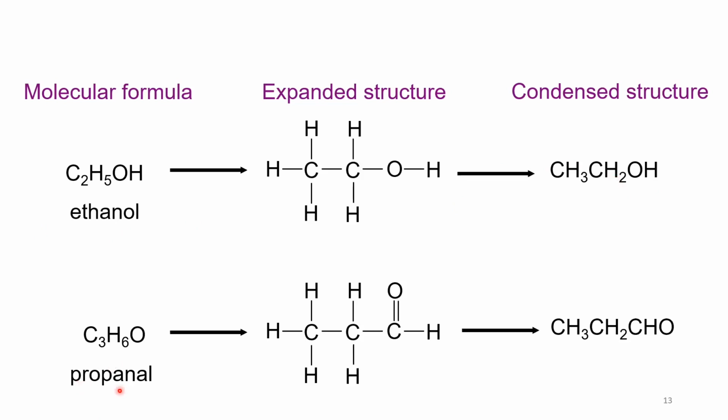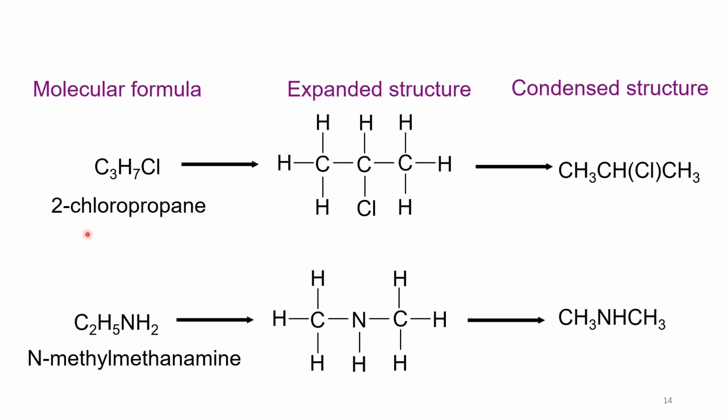And the next one is propanol, C3H6O. Okay, from the expanded structure, convert into condensed. Okay, so this is CH3, this is CH2, and the third carbon is attached to oxygen with a double bond and hydrogen. So we just write CHO. Okay, so this is the condensed structure for propanol.